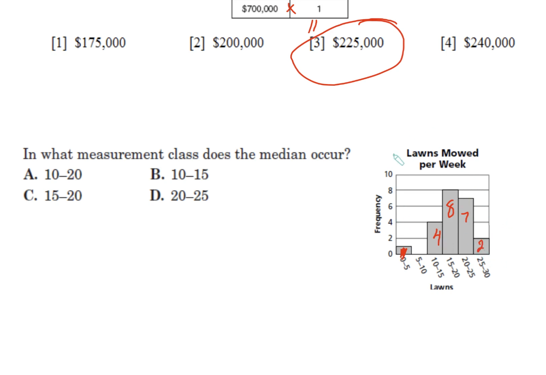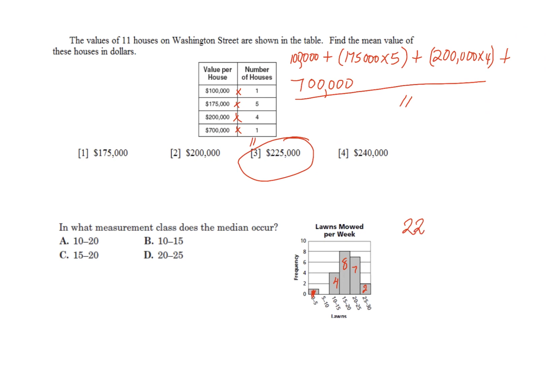So let's total that. So we have 1 plus 4 is 5. When I add 8, I'm going to get 13. I add 7, that would give me 20, plus 2 is 22. So I have 22 data points.